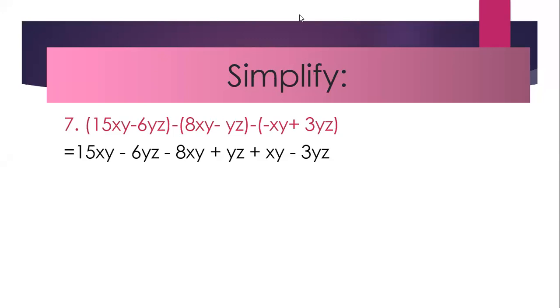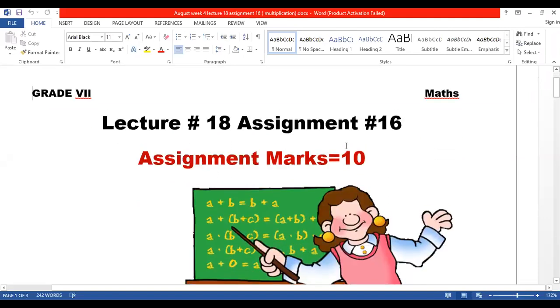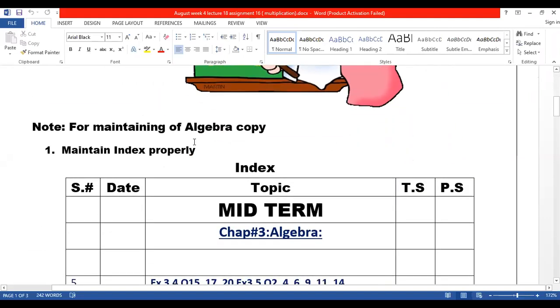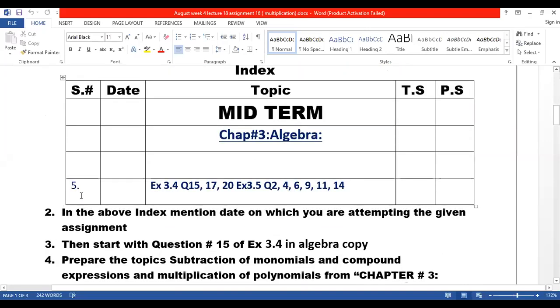At the same time, I'm going to show you your assignment. Here is your assignment on your screen. You have to attempt this assignment in algebra copy. Bete, mention the correct serial number and the date on which you are attempting the question. Now you have your books in front of you, so please mark the proper question numbers from this index.